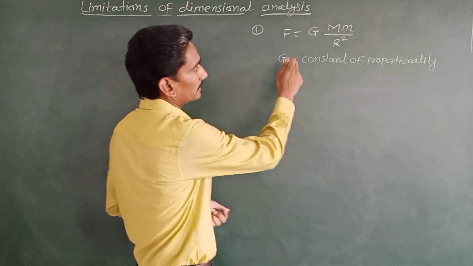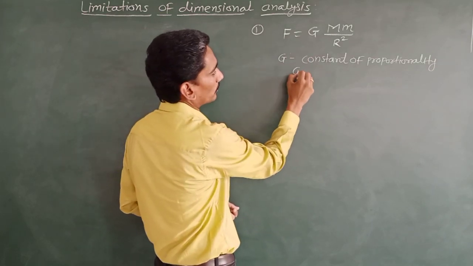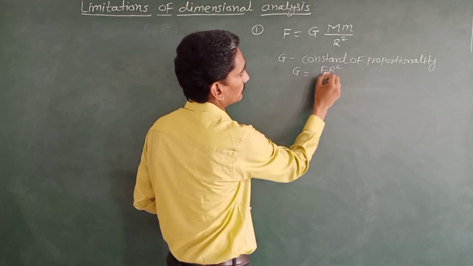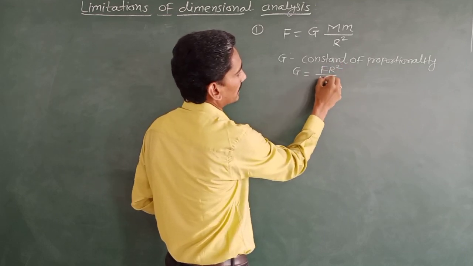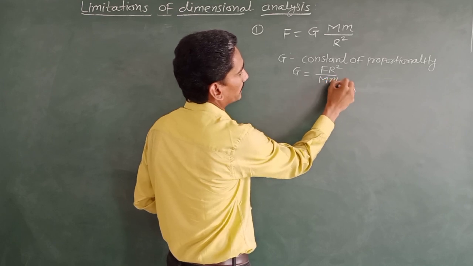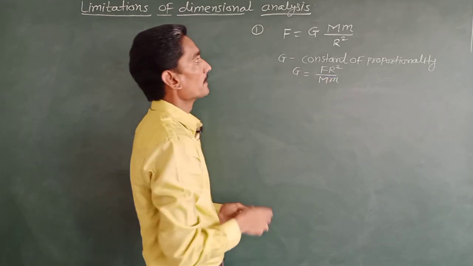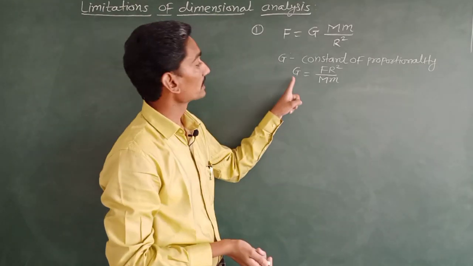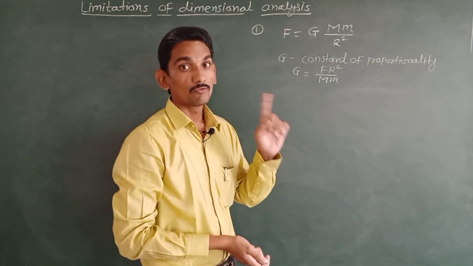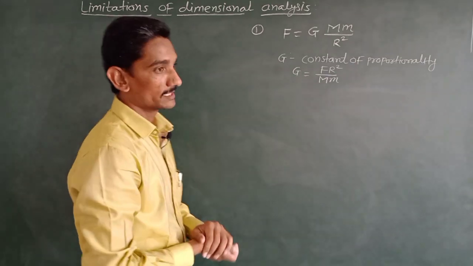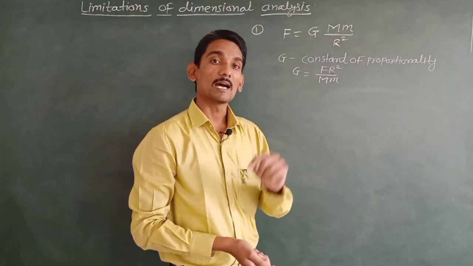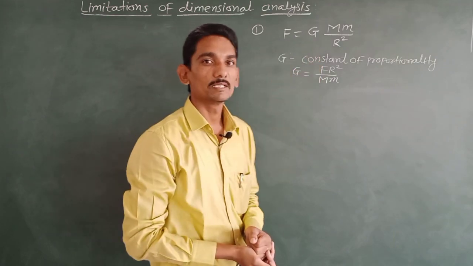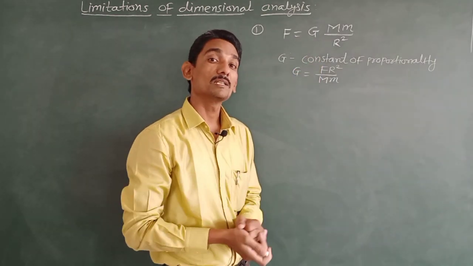We know that G has the formula G equals F r square upon M m, and this G has dimensions also. It is not a dimensionless quantity. So to use dimensional analysis, this constant of proportionality must be dimensionless.